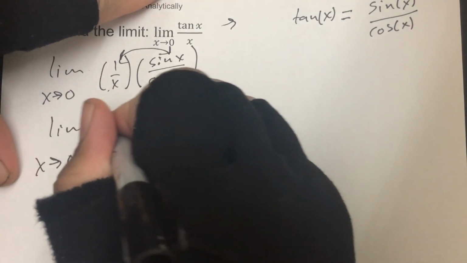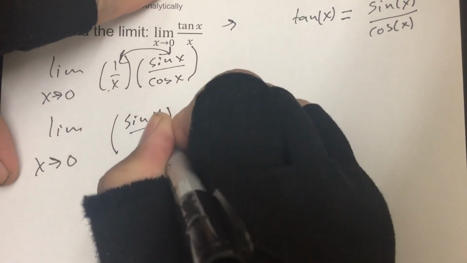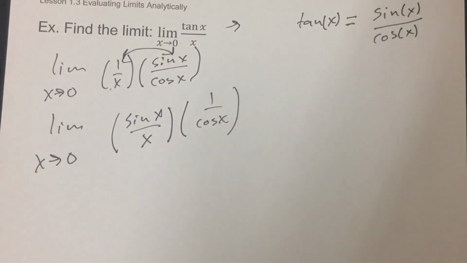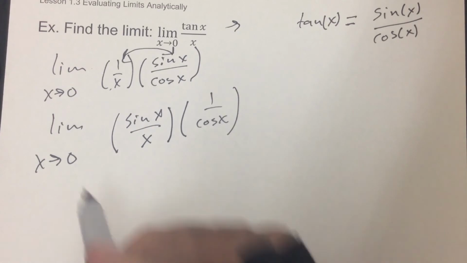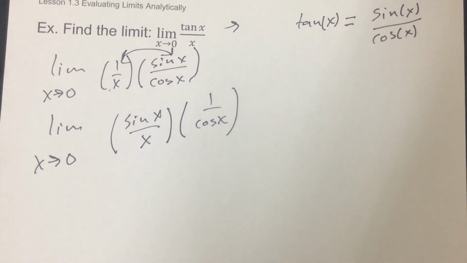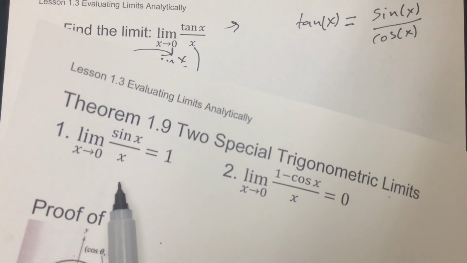So we're going to have the limit of sine x over x times 1 over cosine x. The limit of sine x over x, we just did with this special trigonometric limit.